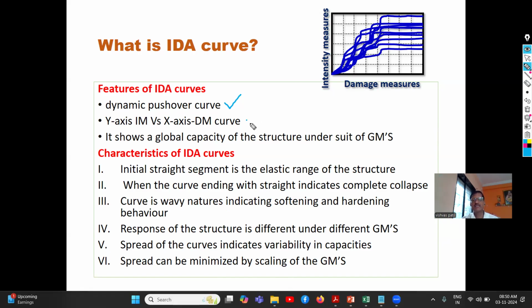On the y-axis is the seismic intensity, also known as the intensity measure. On the x-axis is the building response, known as the damage measure. This shows the global capacity of the structure. Each curve indicates the global capacity of the structure. That means these nine lines indicate the capacity of the structure under a number of ground motions, what is called a suite of ground motions.